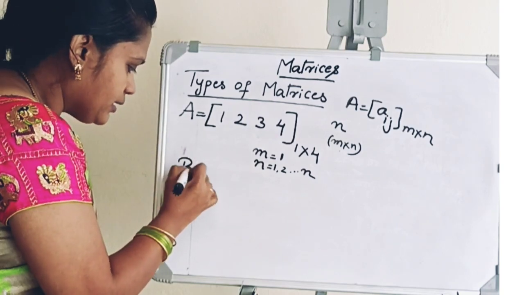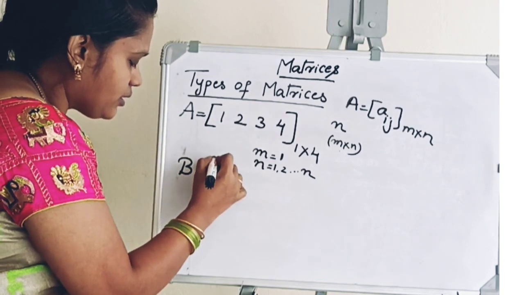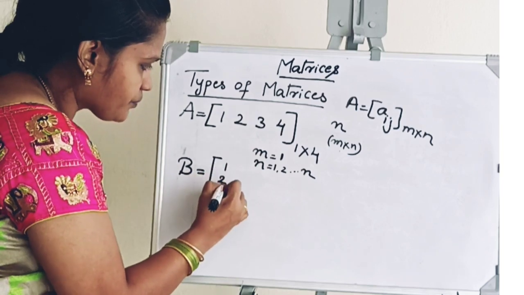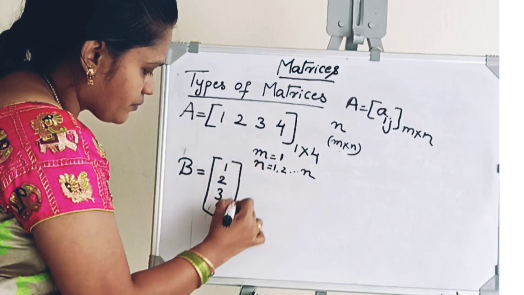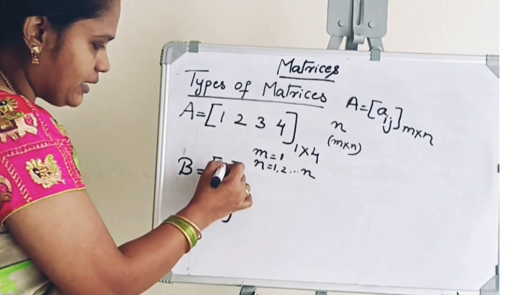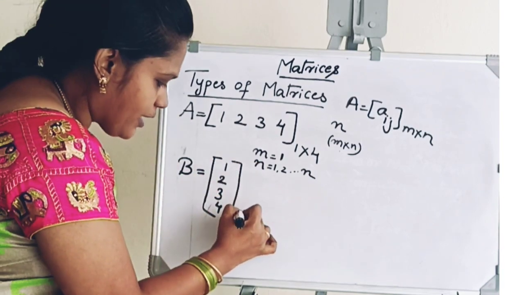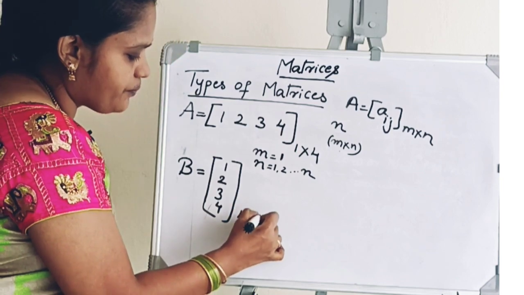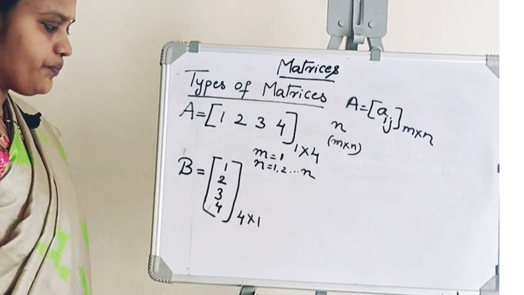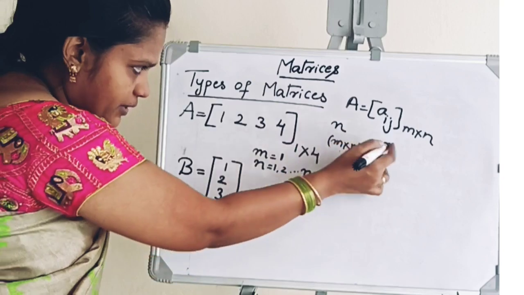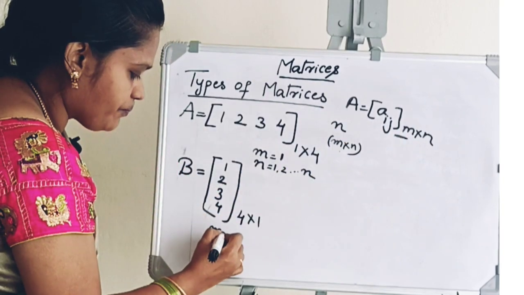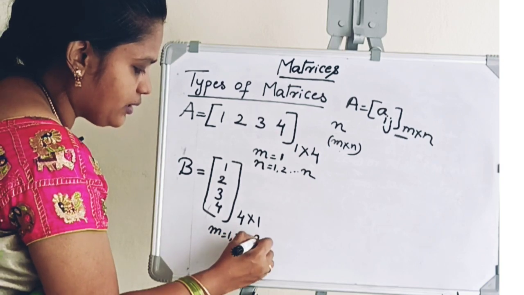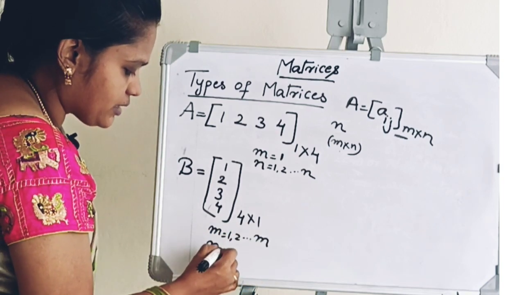Column matrix. In column, here we can see 1, 2, 3, 4. We have 4 rows but only one single column. In this case, m may be 1, 2 until m, but n is always equal to 1.